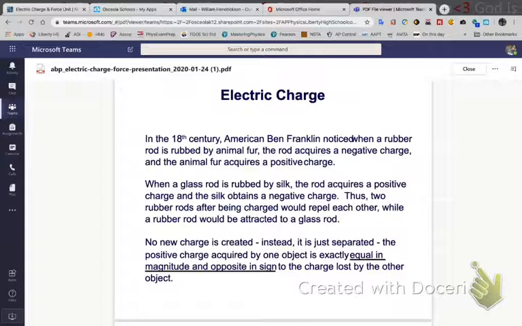And I know you've all seen the cartoons and stories about Benjamin Franklin flying a kite and having a key on the kite and so-called quote-unquote discovering electricity with this. Well, number one, he doesn't discover electricity, so please take that out of your head.